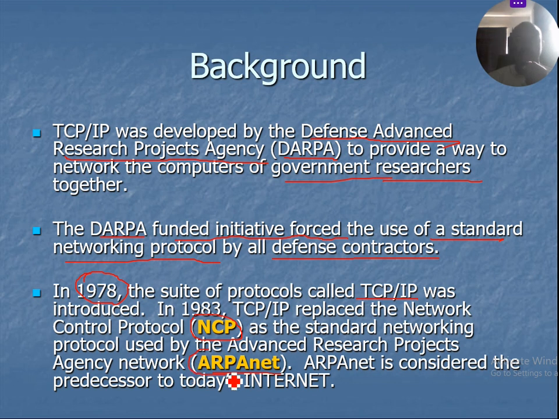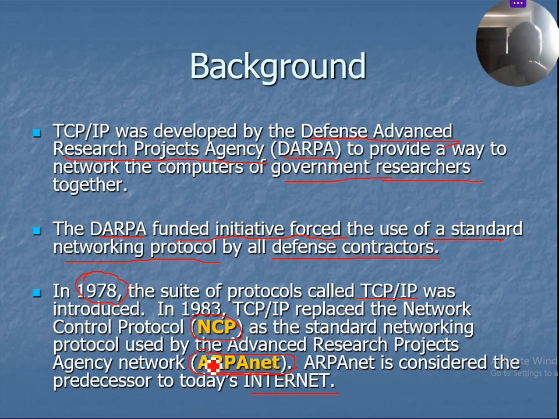So this ARPANET now adopted the TCP/IP protocol to be the standard for all government agencies, contractors and government researchers, to link and communicate over the internet. The ARPANET is considered the predecessor to today's internet.